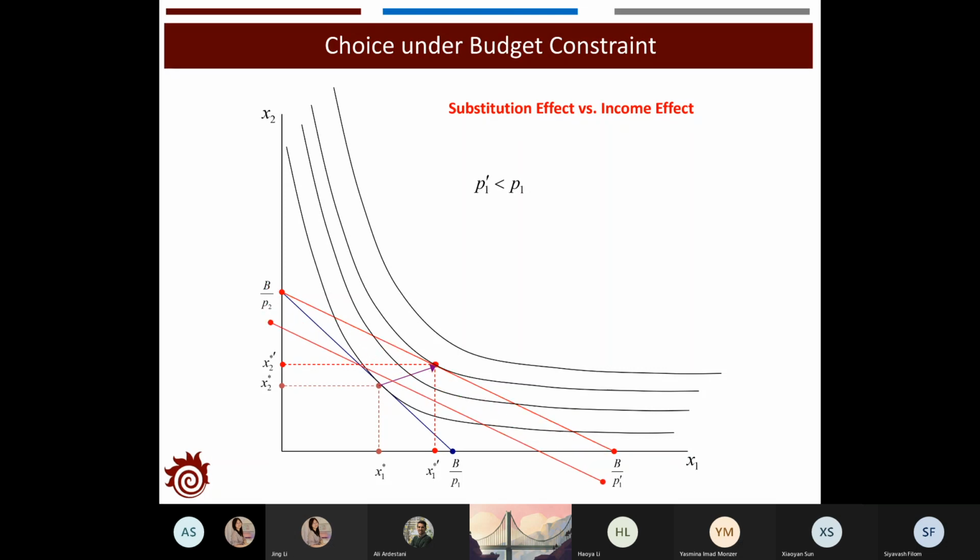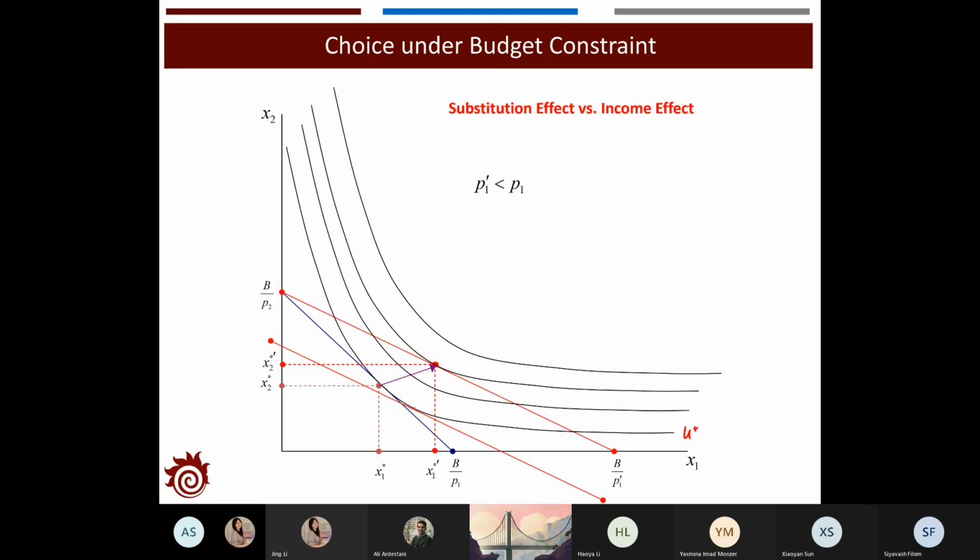So to identify the substitution effect, you will need to move the new budget line, the new budget constraint, to the position which will be tangent to the original iso-utility curve with the original solution.